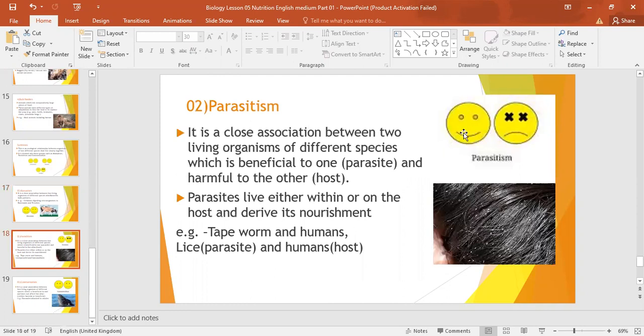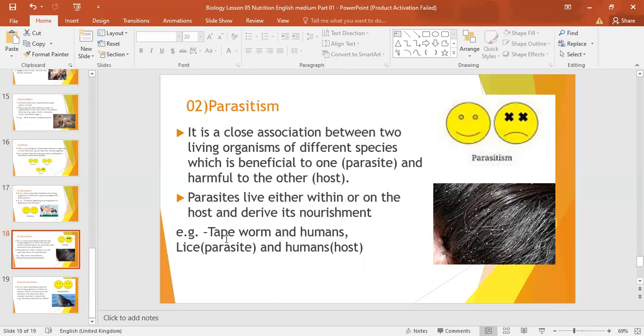One is smiling and one is crying. Why? Only one is benefited but harmful to the other. One is benefited and the other is harmed. That is why one is crying and one is smiling.